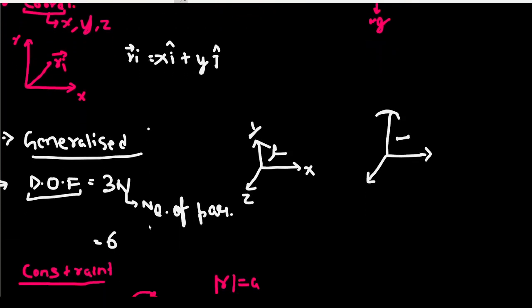Next we studied the constraint. What is a constraint? A constraint can be thought of as the restriction in the motion of an object. Like in circular motion, there is a restriction that the particle cannot have a radius more than a. It has to move in a fixed radius a, and that is a constraint in the circular motion. The force that keeps that particular constraint is called the force of constraint.